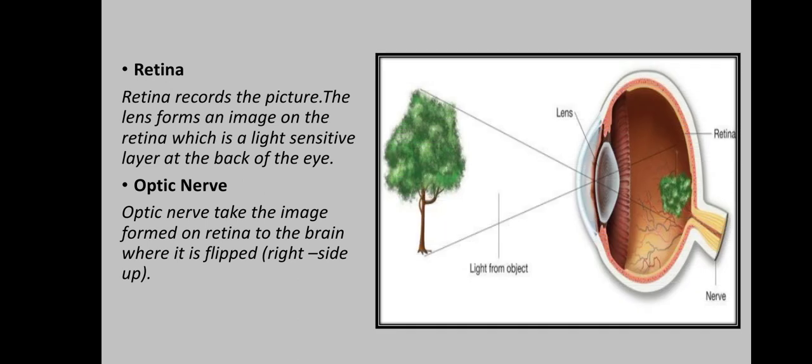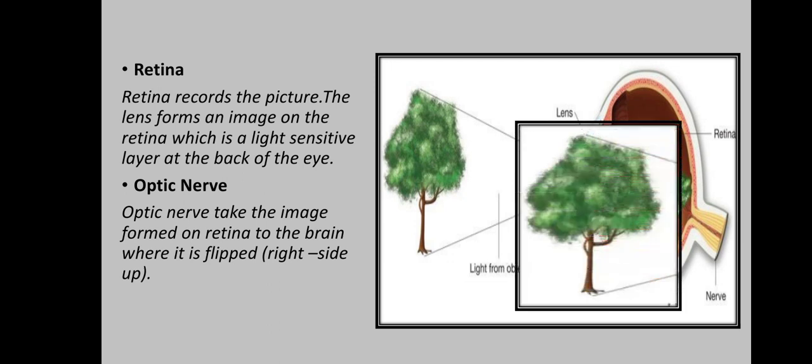Here you can see a tree. Its image formed on the retina is inverted. Its upper part is below and its lower part is above in the image formed on the retina. This image is taken by the optic nerve to the brain, where the brain flips it over and its right side becomes up, and we see the tree in its actual shape.